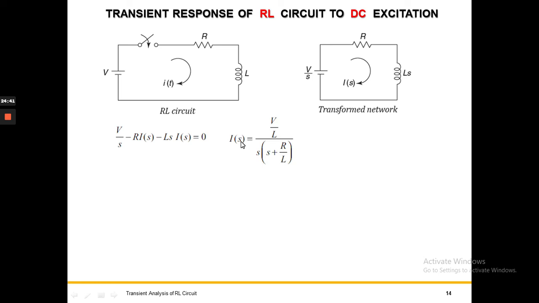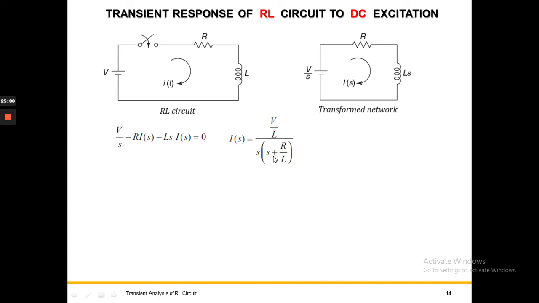Simplify it. Manipulate it. You have to find out i of t, so take the inverse Laplace transform of I of s. Manipulate it and you will get an expression for I of s. You know the results for 1 by s and 1 by s plus a.